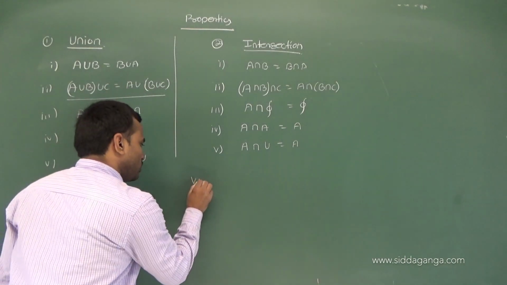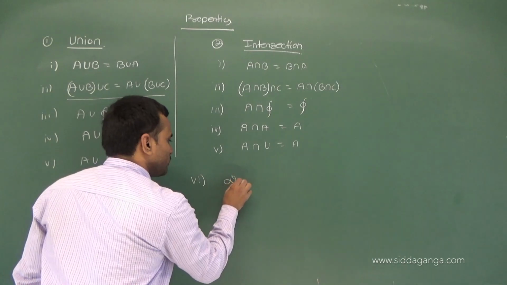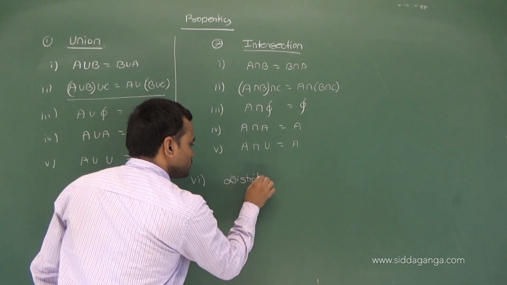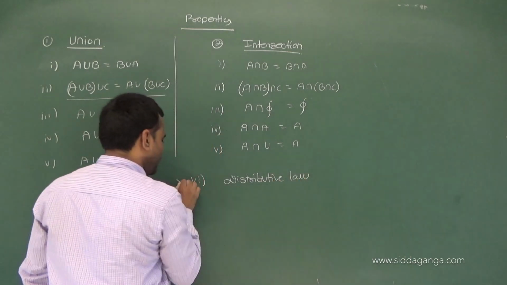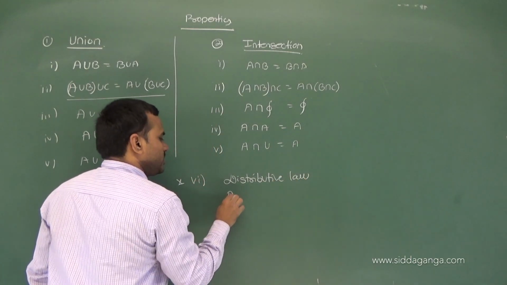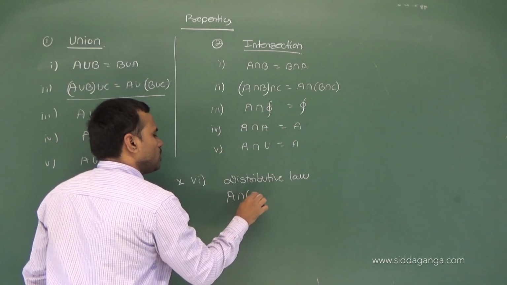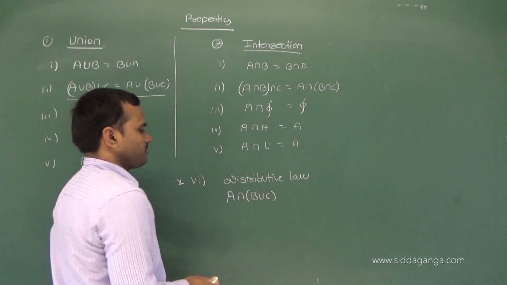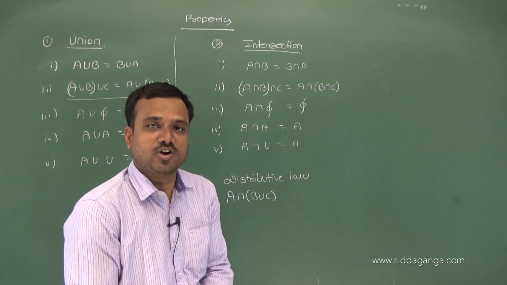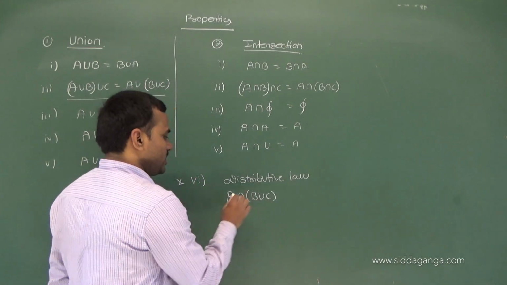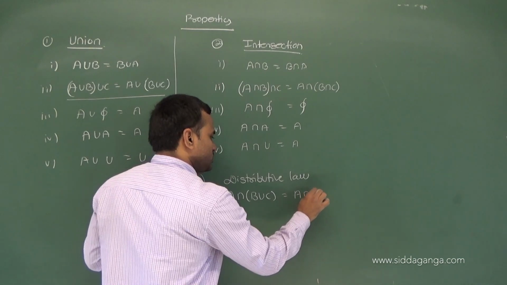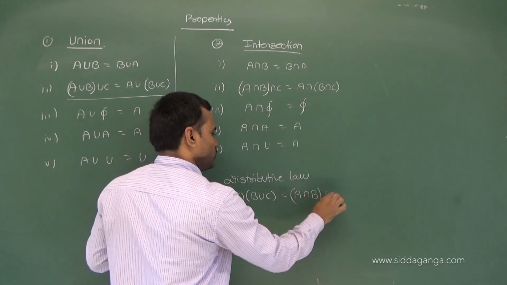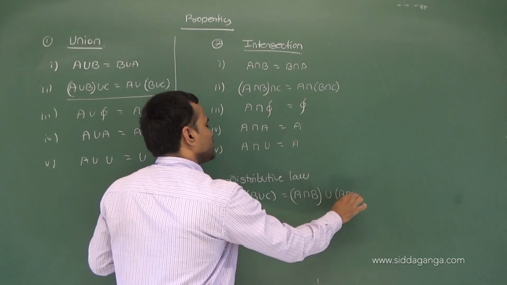So sixth property, the distributive law. Very important property. A ∩ (B ∪ C). We call it the distributive law. A ∩ (B ∪ C) equals (A ∩ B) ∪ (A ∩ C).